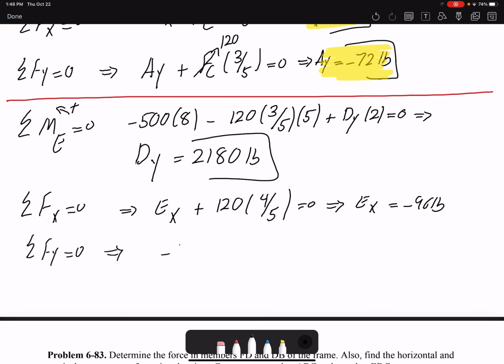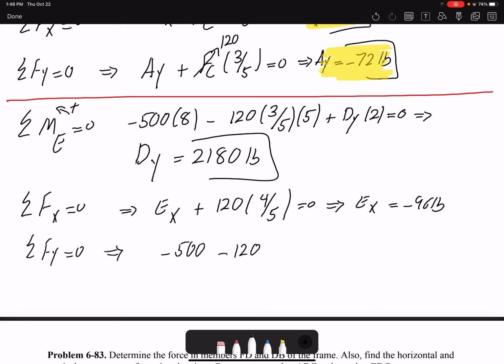I have negative 500 acting at the end. I have the vertical component of force FC. Also, I have Dy, which I found earlier. And the only unknown would be Ey. So Ey would be negative 1,608 pounds.